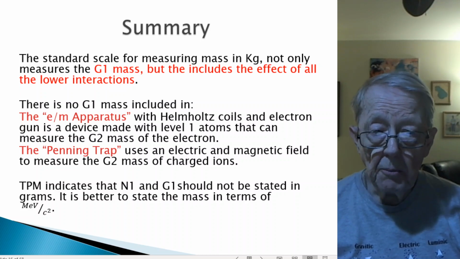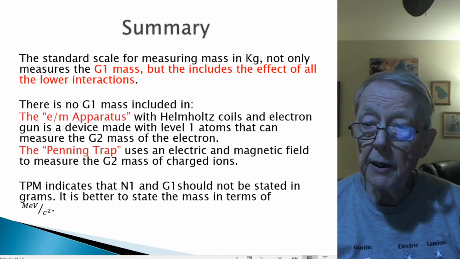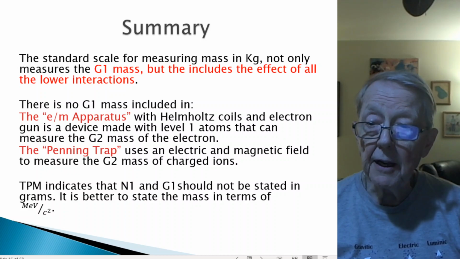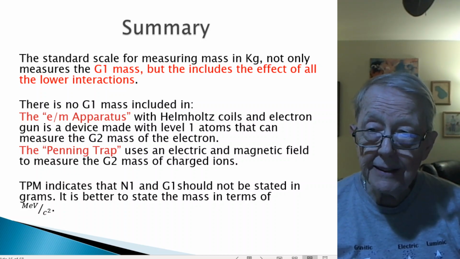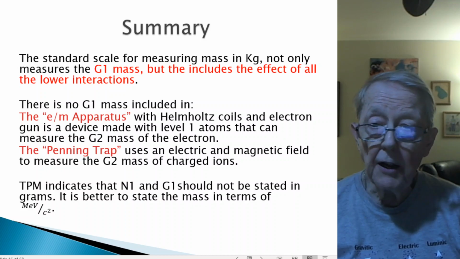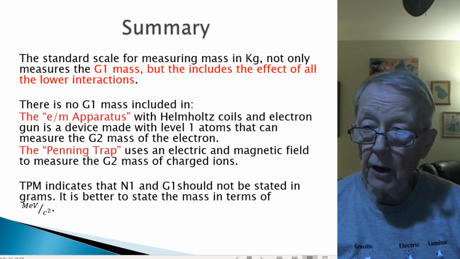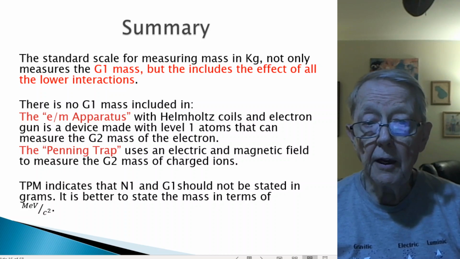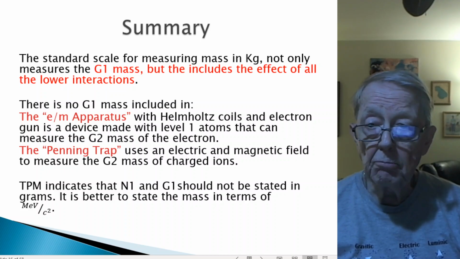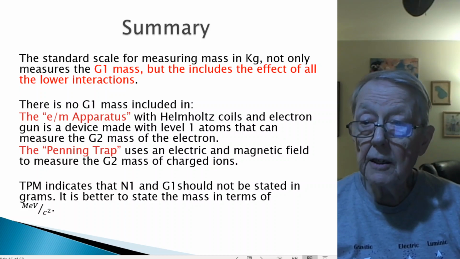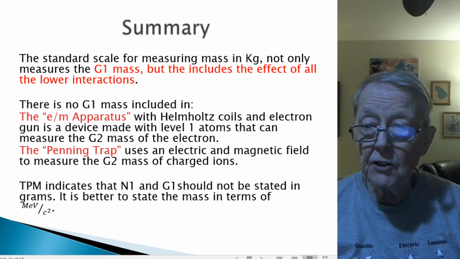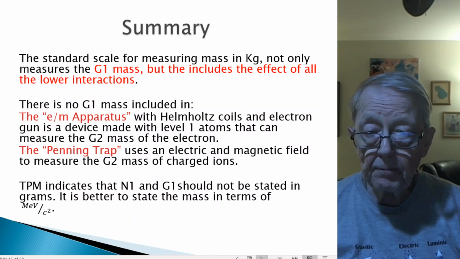But to me at this point, since you're measuring it using an electric and magnetic field, which generates a G2 force field inside, causing the electron to bend in a circle or the ion to move back and forth in the Penning trap, it's not G1 gravity, it's G2 gravity.